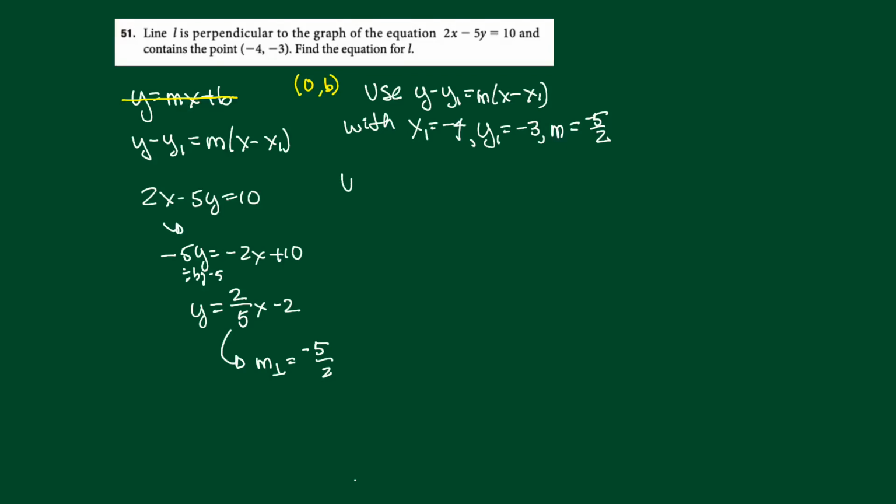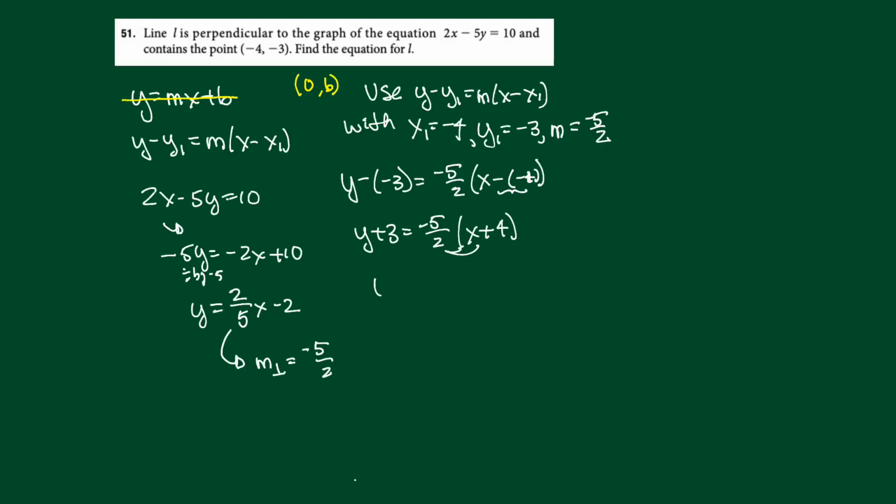So let's substitute. We'll get y minus y1, which is y minus -3, equals m, -5/2, times x minus x1, which is -4. All right, we can take care of that. So we'll get y plus 3 equals -5/2 times (x plus 4).